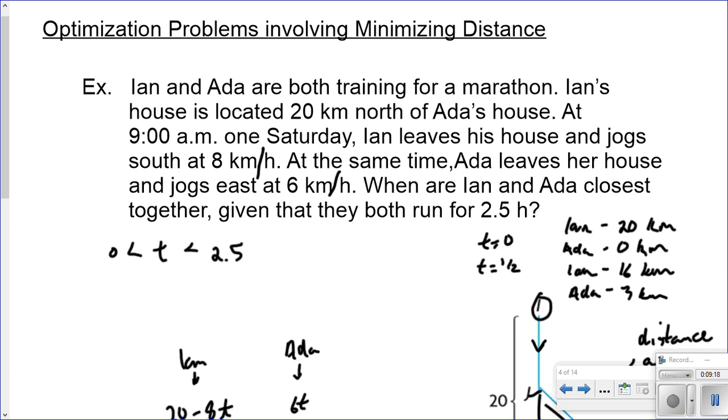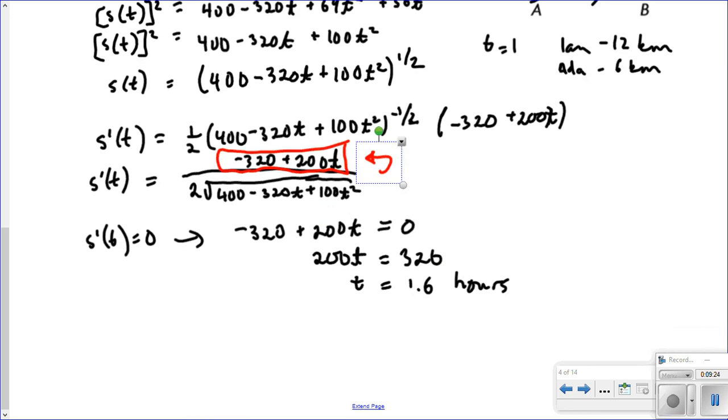Now, in relation to time and clock, I'm asking what time, when are they closest together? So let's see what time that is. So 1.6 hours from 9 a.m. is 10 hours and what's 0.6 of an hour? That's 36 minutes.